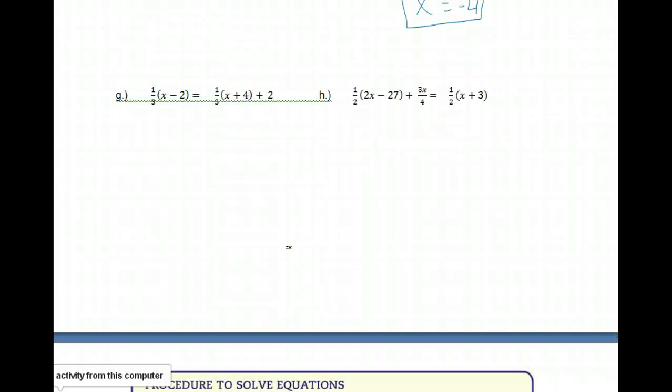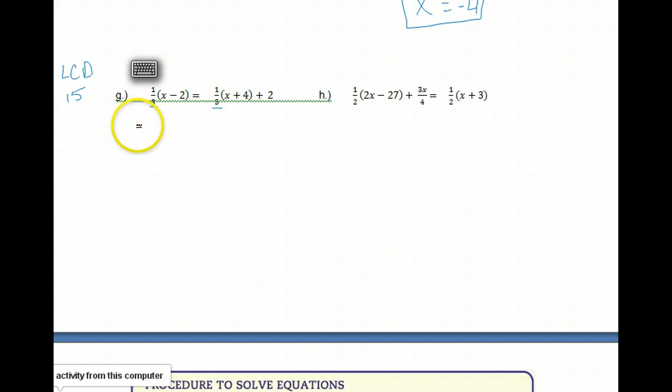Now we have one last set of examples that we need to go over. And as you will see in this set of examples, we have a fraction in front of a quantity. So for this one, we will still find the LCD, which is going to be 15 because we have a 3 and a 5.